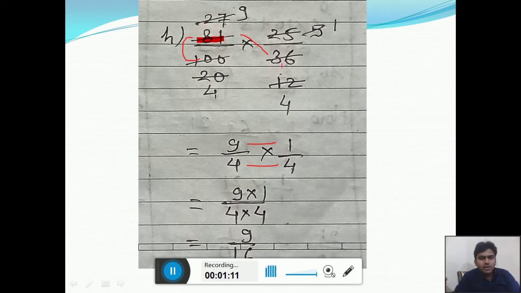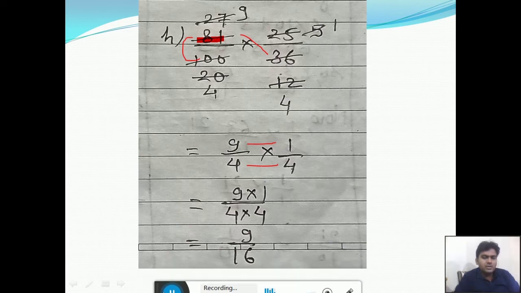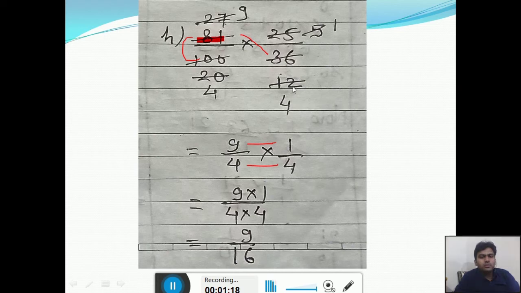Like this we can simplify 36 by 3: 3 1s are 3 and 3 2s are 6, so 12 here. Now again we can simplify this 27 by dividing it by 3. 3 9s are 27. Because here we have the number 12, that also we can cut by 3. So here we cut the number by 3, and here also we cut the number by 3. So 3 4s are 12.